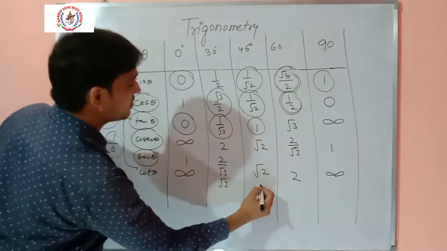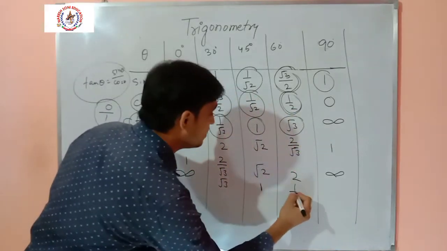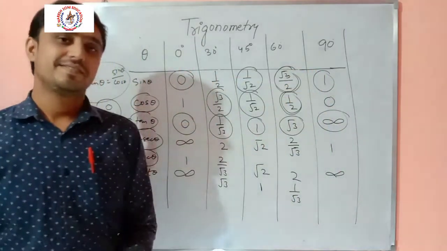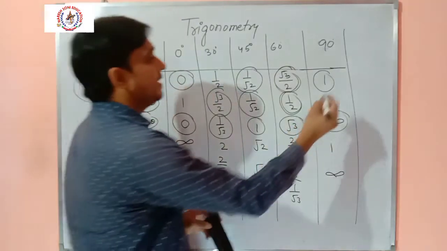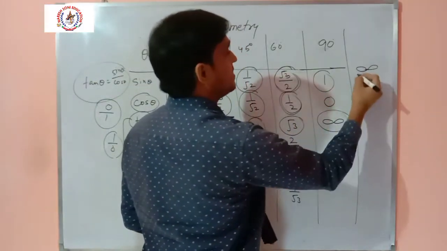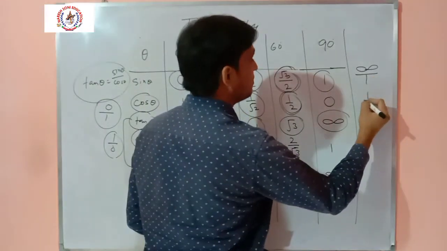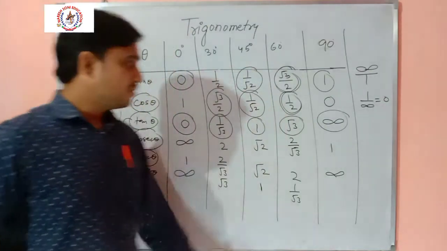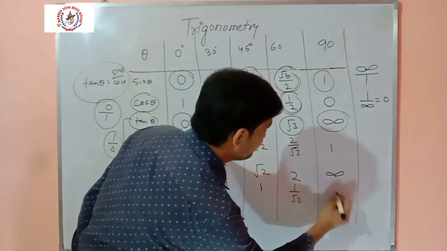Inverse of this one is 1. Inverse of under root 3 is 1 by root 3. And the inverse of infinite, what is the inverse of infinite? Let's see. Inverse of infinite means 1 upon infinite. And 1 upon infinite means 0. So the inverse of infinite is 0, guys.